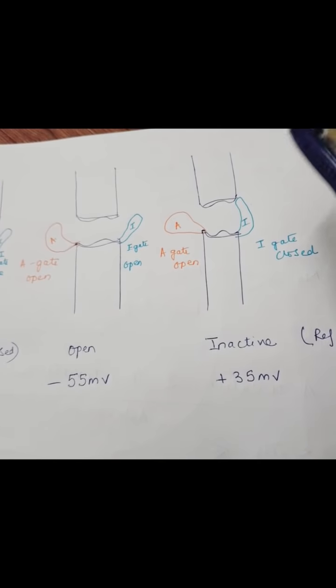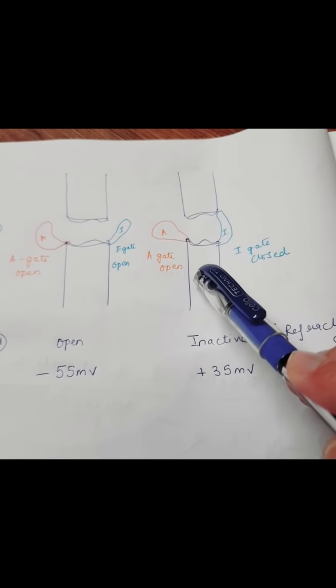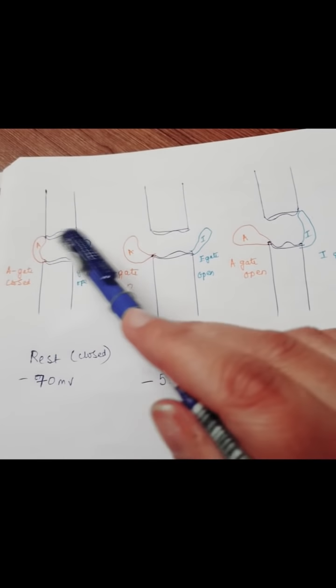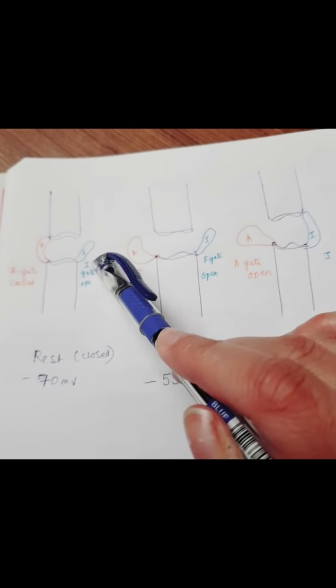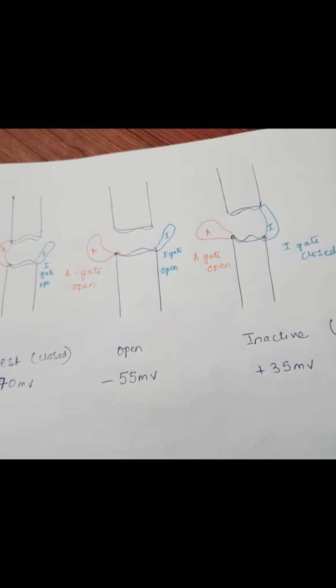So this inactive state is basically a refractory state, and it does not respond to any stimuli. So, see: rest, no ion can pass; open, ion can pass; and inactive, no ion can pass.